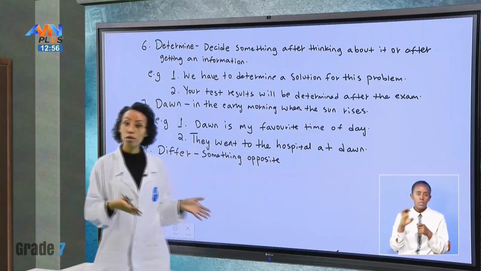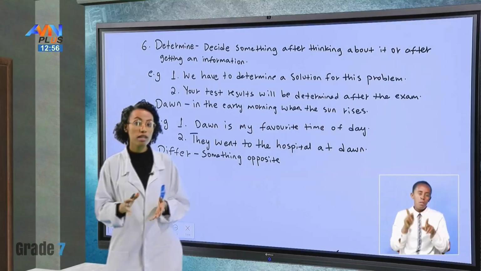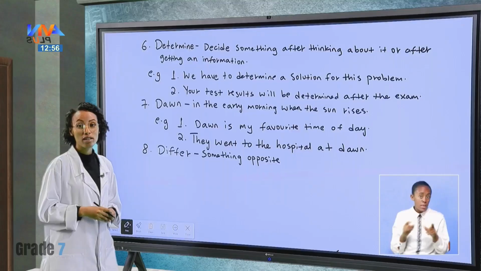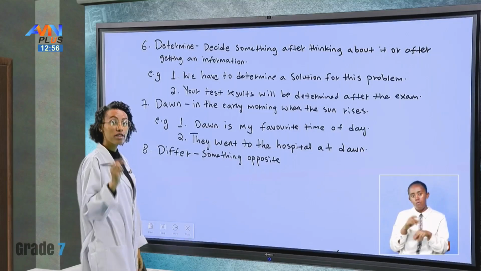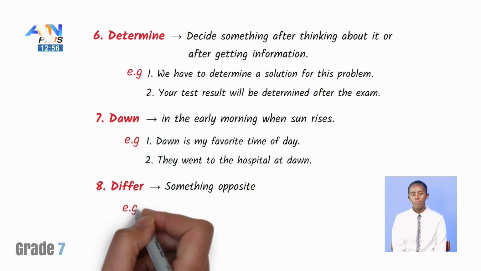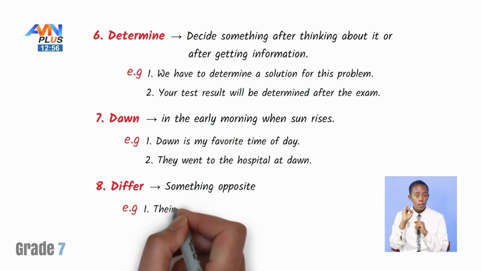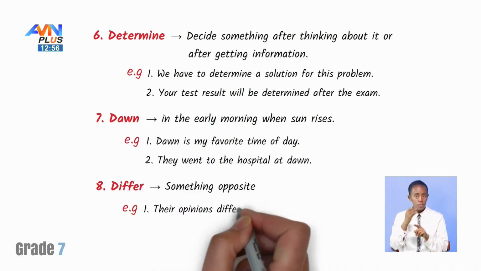Opposite from what you are thinking, what you are imagining, or it could be different people, different imagination or opinions, but it is something opposite. So it is the short form of different. Example. Their opinions differ from each other.